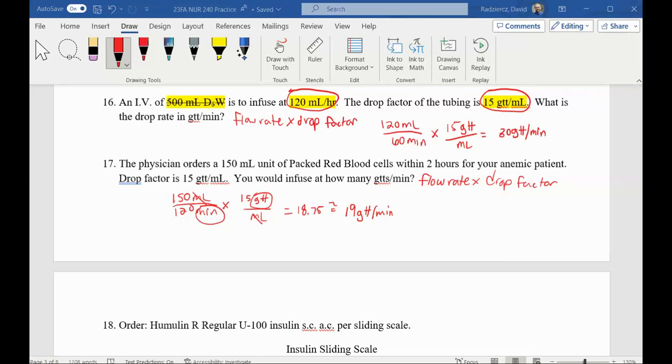If there is 18.74, then I put 18 drops per minute? Will you round to the nearest whole? So if it's 18.75, you're going to round it up to 19.